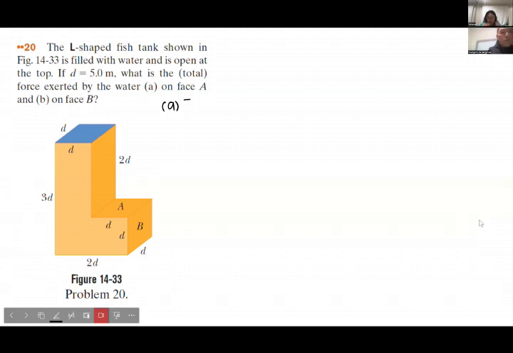Now the force is obviously pressure times area, right? So that's the definition. Again, the pressure is the force applied to this given area divided by the area that force is applied to.